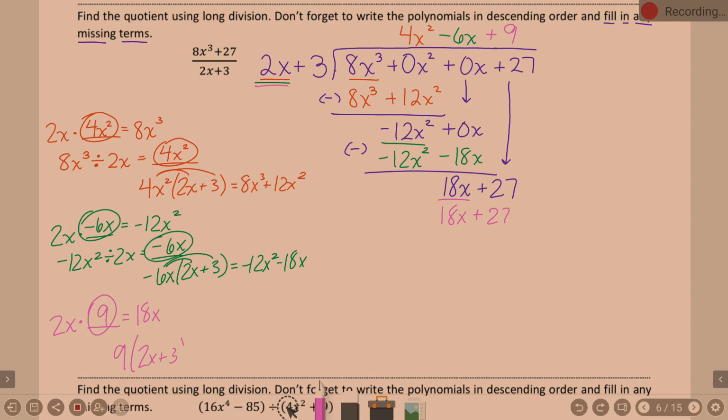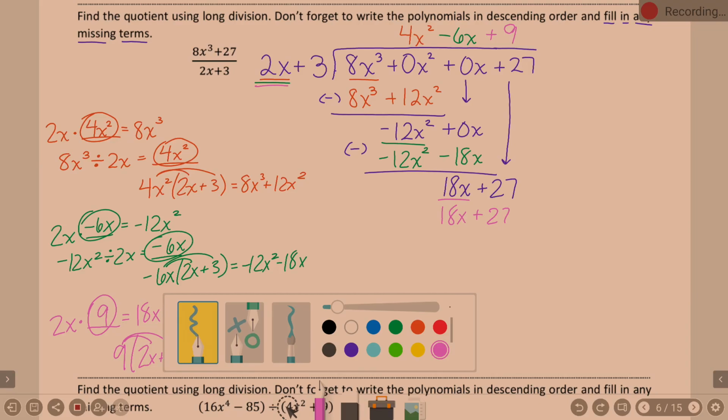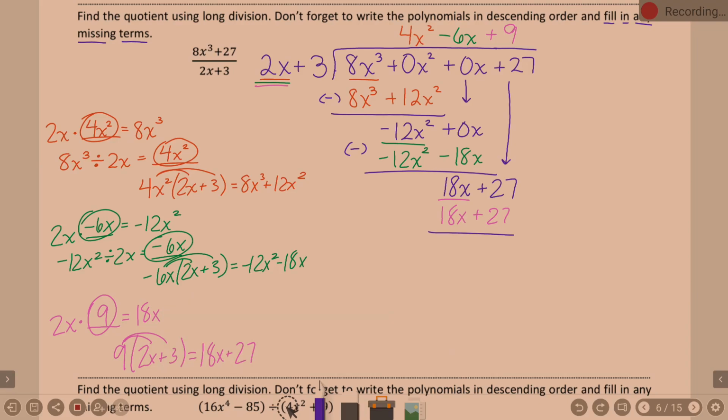This is the distributing over here if you need to see that. Now, a couple of things here. We subtract, everybody cancels, yes? What's the answer to this problem? 4x squared minus 6x minus 9.